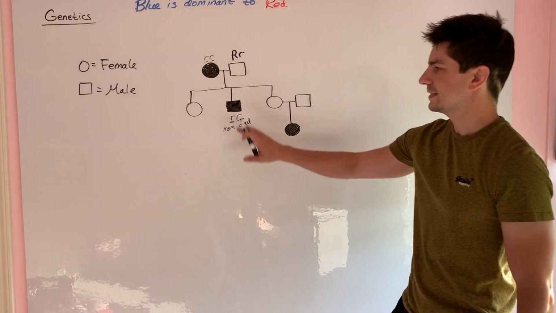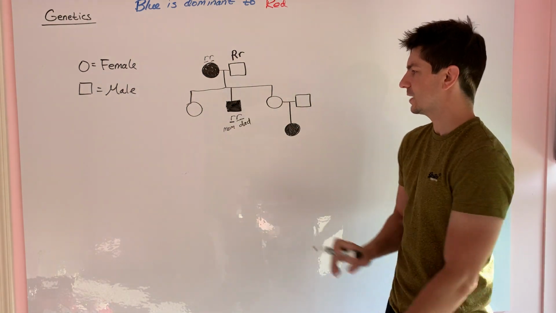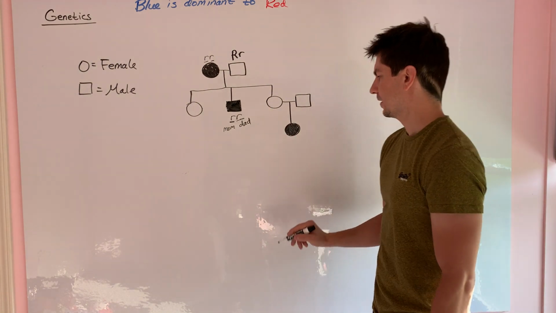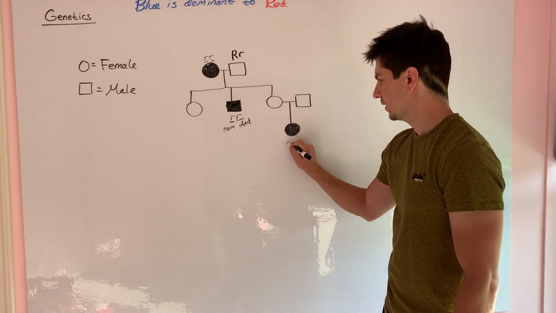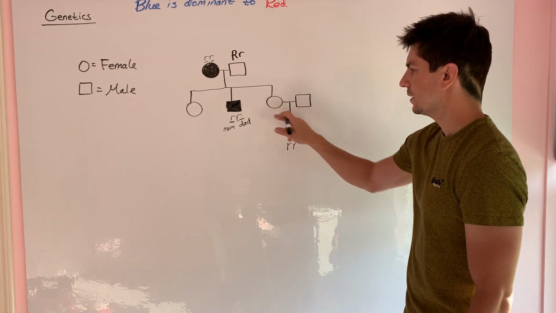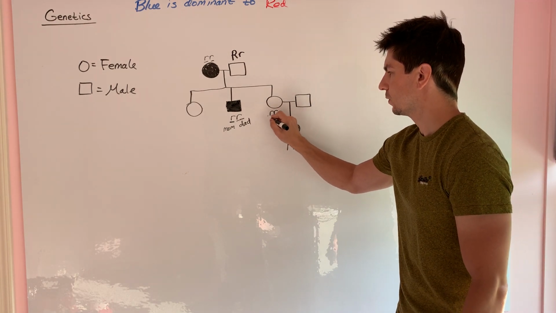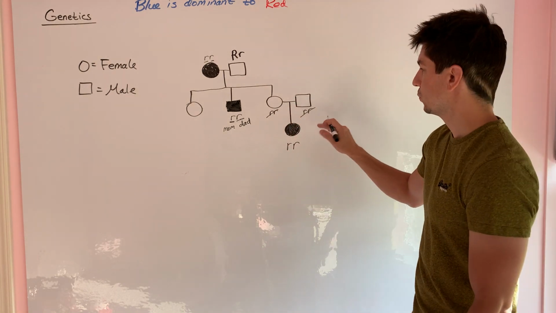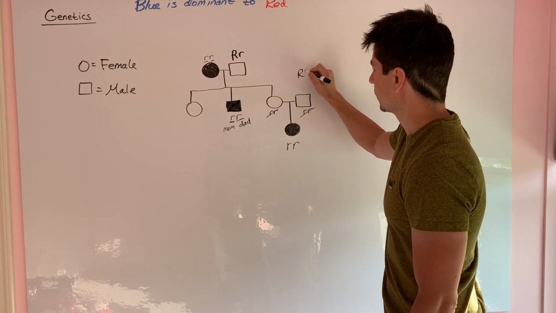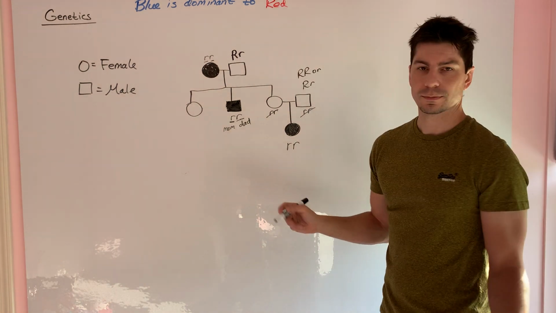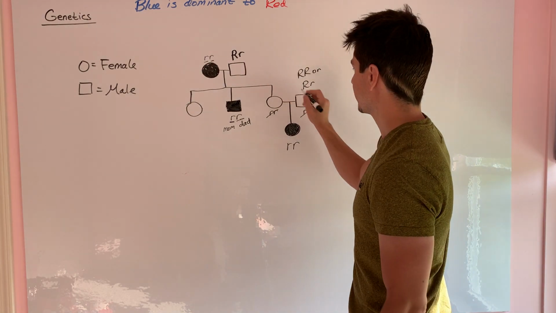But all you're doing, guys, is kind of determining the genotypes of these people based on what's going on in their family tree. If we look at this one here, we know this one would be little r, but neither of them is filled in. So we know that neither of these could be little r, because they're not filled in. So we know they either have to be big R, or big R, because this is like complete dominance, to not have that trait.